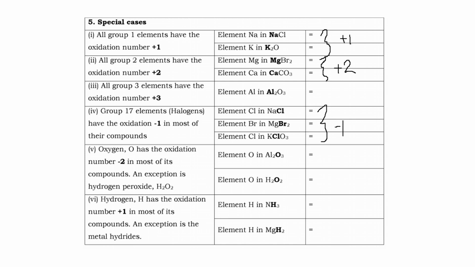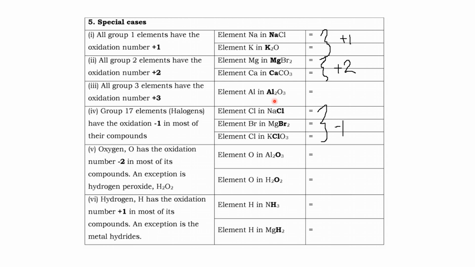Okay. Alright. Next. Oxygen has the oxidation number of negative 2 in most of its compounds except for hydrogen peroxide. Hydrogen peroxide dia punya formula H2O2. So, contoh dalam aluminium oxide. Kalau kita tengok, aluminium oxide is a compound, so the sum of oxidation numbers for aluminium oxide is equal to 0.